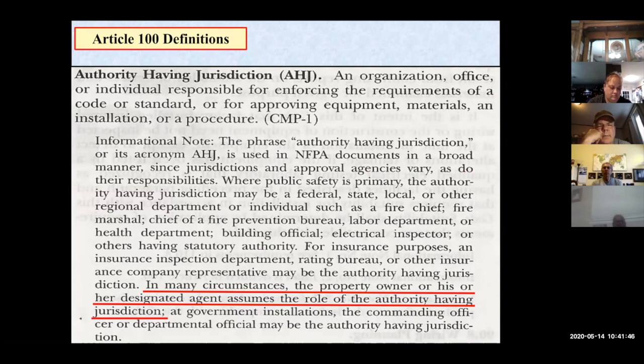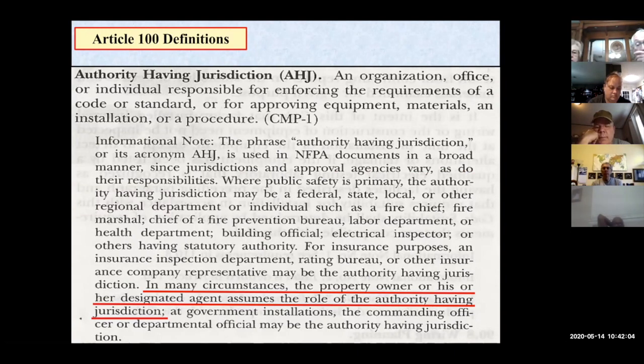There are many things. I won't read through all of this, but inspectors, fire department, health department, and insurance can all be designated as an authority having jurisdiction.